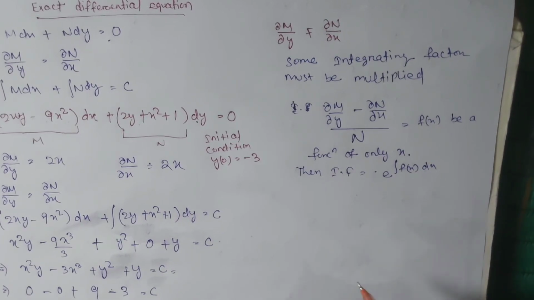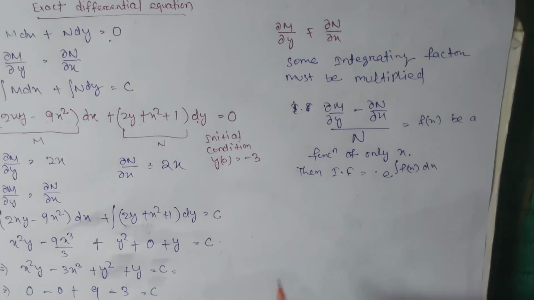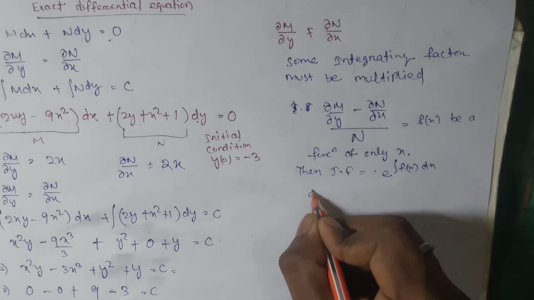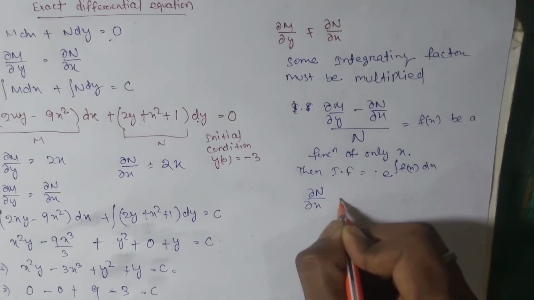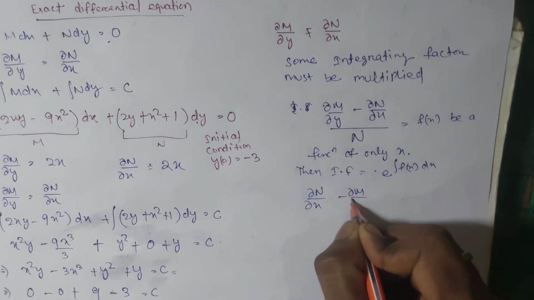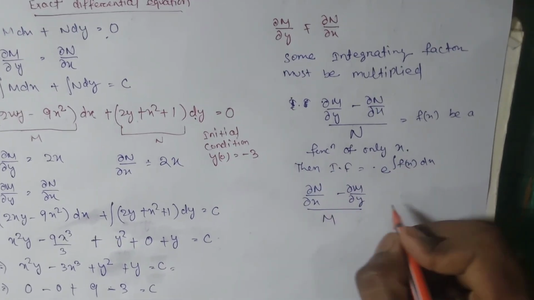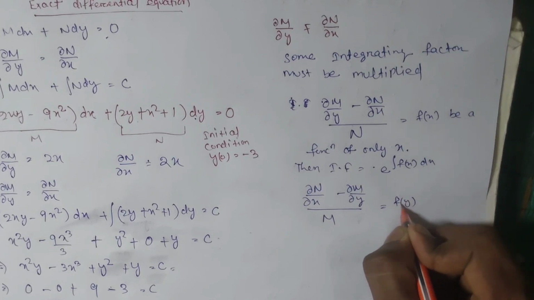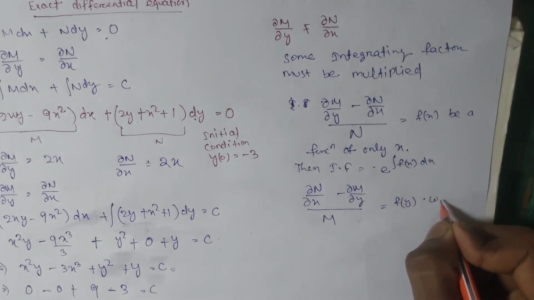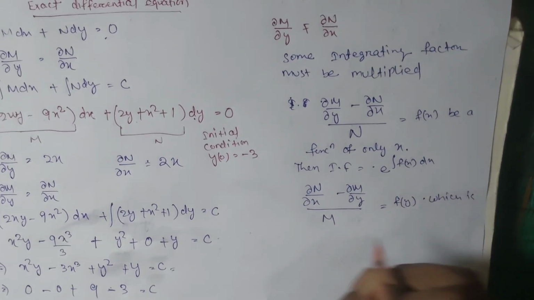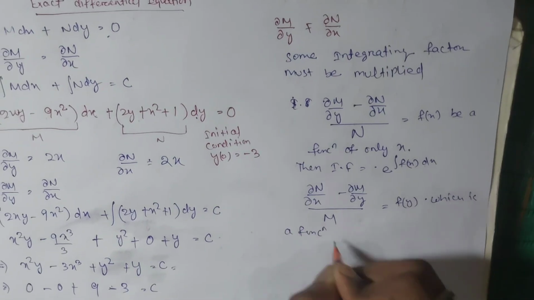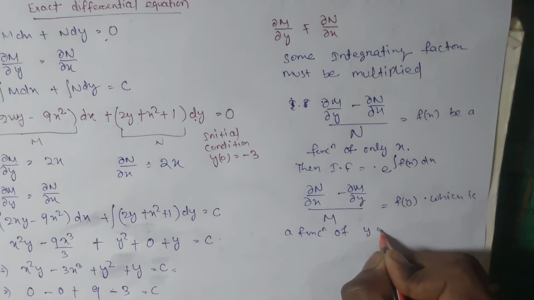There is also another formula to get the integrating factor: (∂N/∂x minus ∂M/∂y) divided by M equals f(y), which is a function of y only.